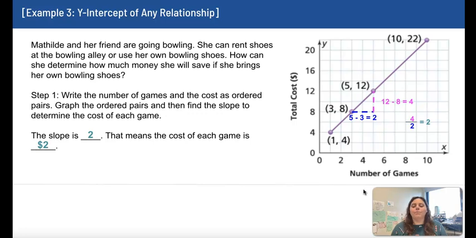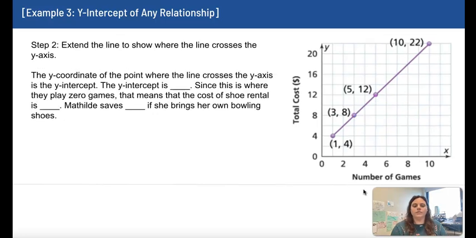So if bowling 1 game is $4, but the cost of the game itself is only $2, this is where we can figure it out. We can use that slope to essentially work backwards. The y-coordinate where the line crosses the y-axis is the y-intercept.